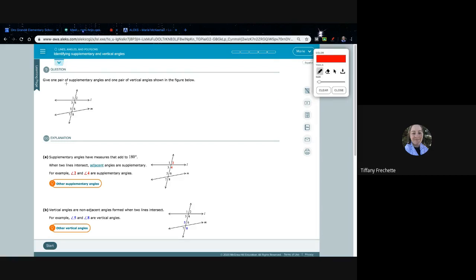So supplementary angles mean that they add up to 180 degrees. And if you watched one of the previous videos about identifying supplementary angles or straight angles, which means a line, then you know that they add up to 180 degrees. So what we're looking for is a line.